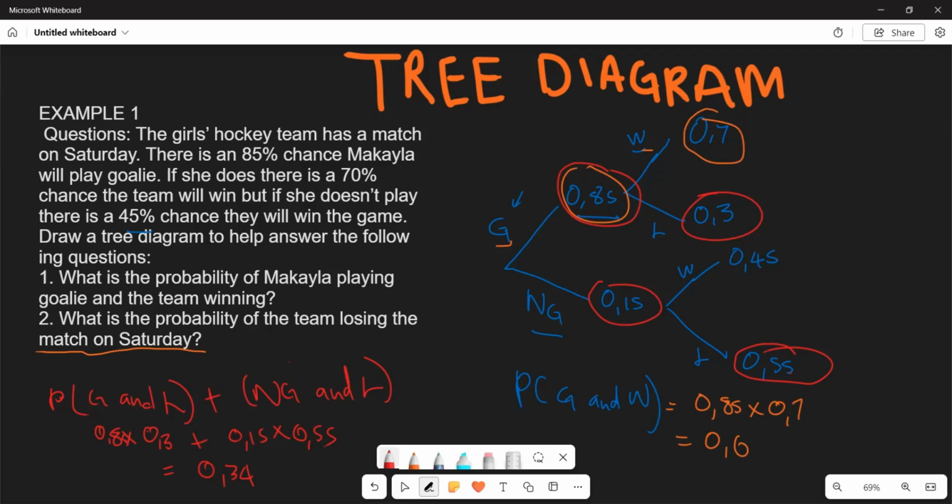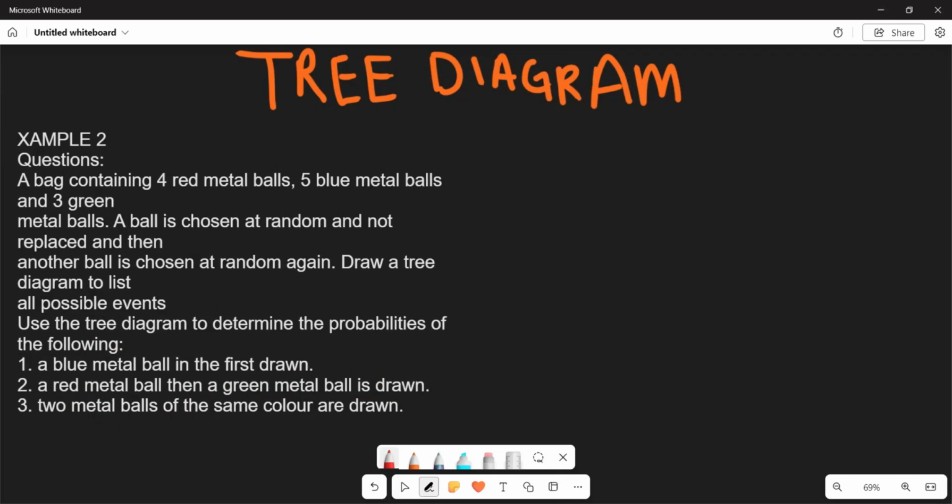But now let's get another example and see what we can do here. All right, now I want us to look at this second example. They say a bag contains 4 red metal balls, 5 blue metal balls and 3 green metal balls.